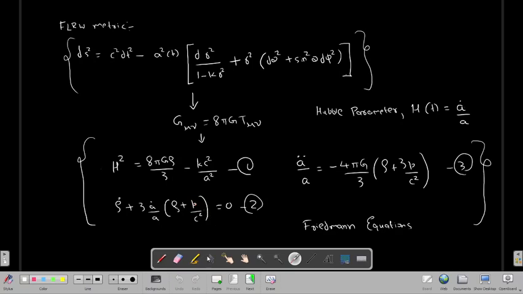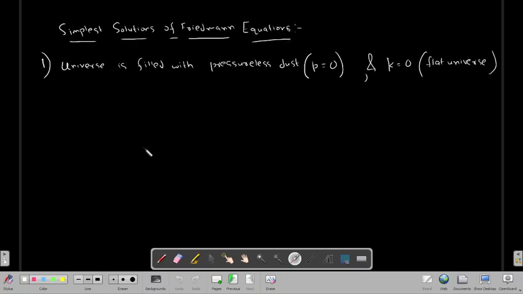What will I get then? From equation number 2, you can write rho dot plus 3 into a dot by a into rho is equal to 0.